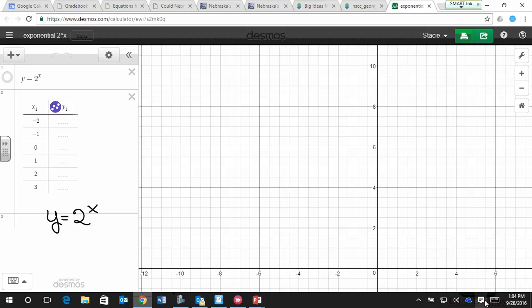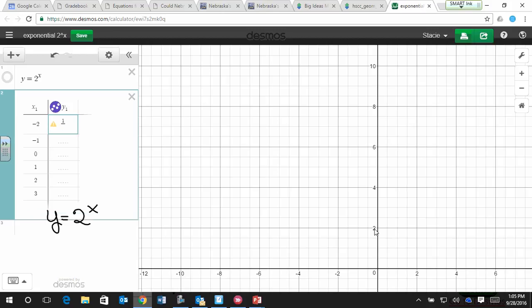Good. A lot of times students will say 4. Okay, because 2 squared is 4, right? Why is it not 4? It has a negative exponent. So what does the negative exponent make it do? 1 over. Okay? Had we plotted the 4, it would be up, and it would have looked funny.